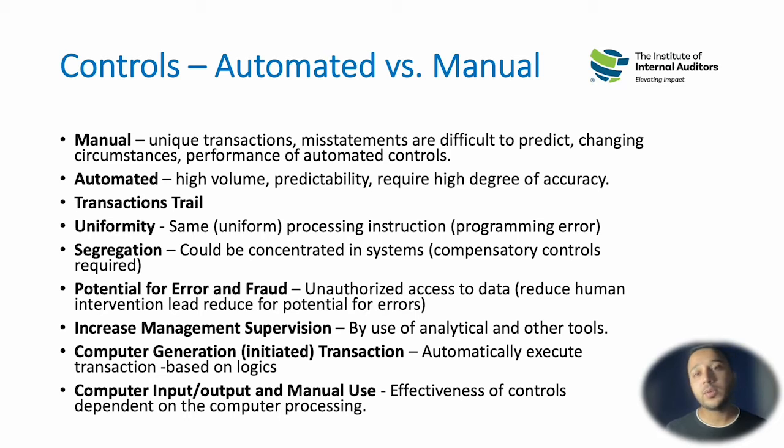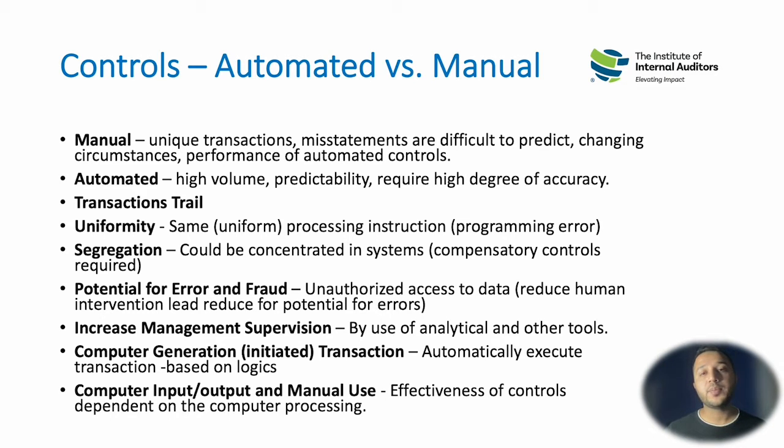So in that case, manual controls are better if these are unique situations, but if it is similar and we have more uniformity in the activity, then automated control could work better. Automated controls are also good for high volume, predictability and a high degree of accuracy, obviously, because you define the logics, and once you define them, the system works on those logics.